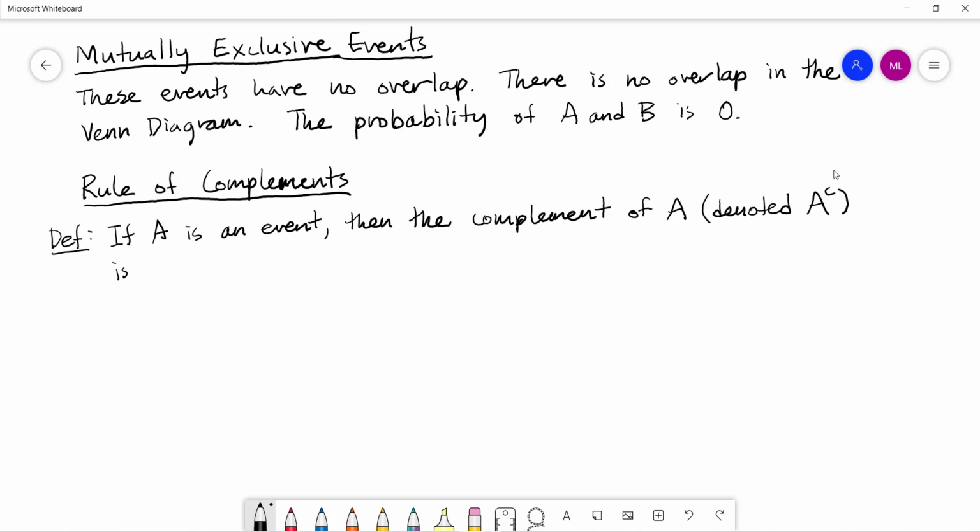And in fact, it is the event that A does not occur.